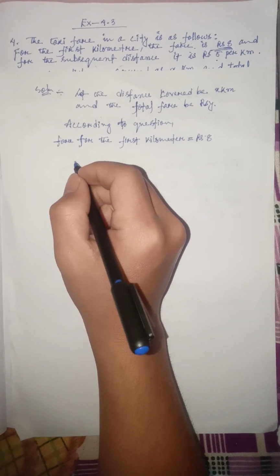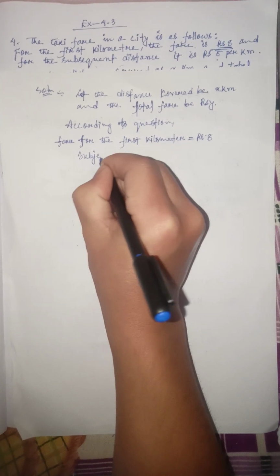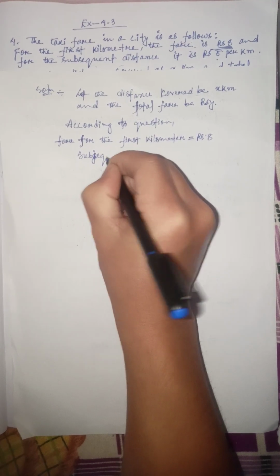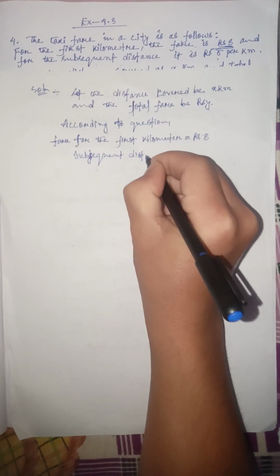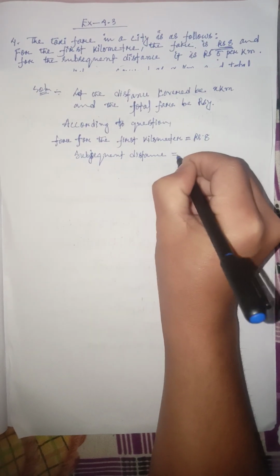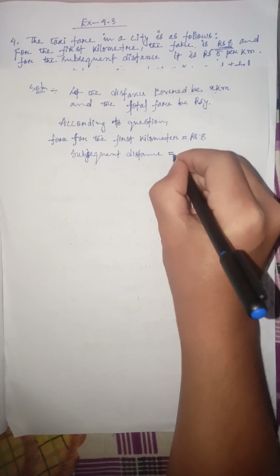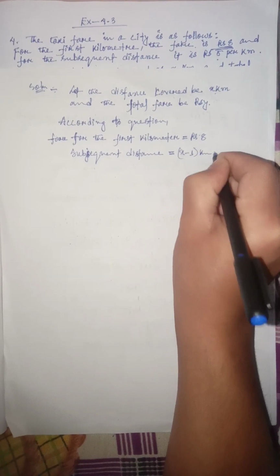And for the subsequent distance, first of all, to compute the fare for this subsequent distance, we have to subtract 1 from the total distance, which will give you the subsequent distance, x minus 1 kilometer.